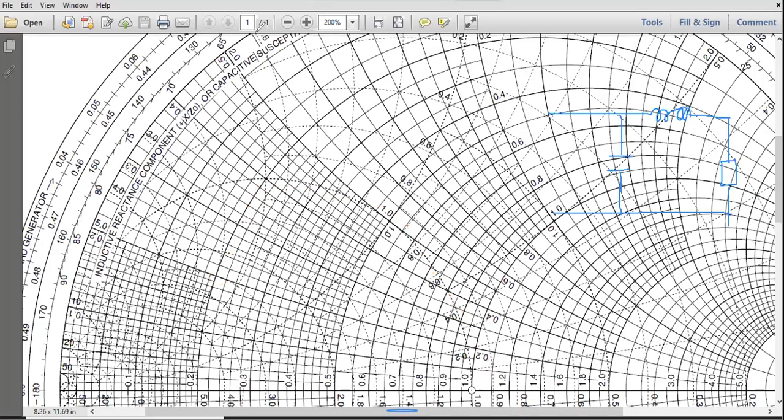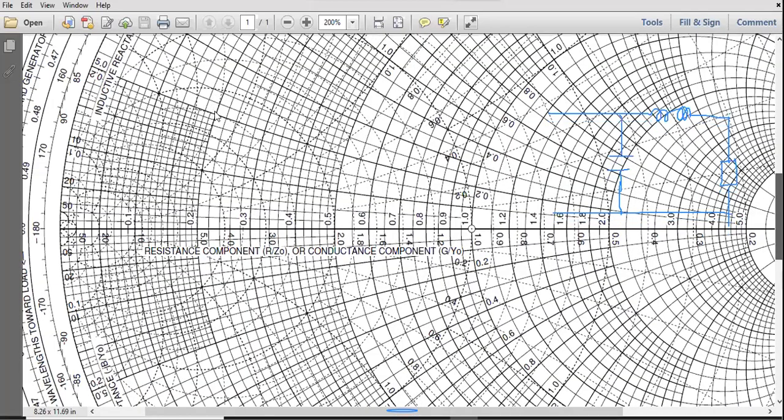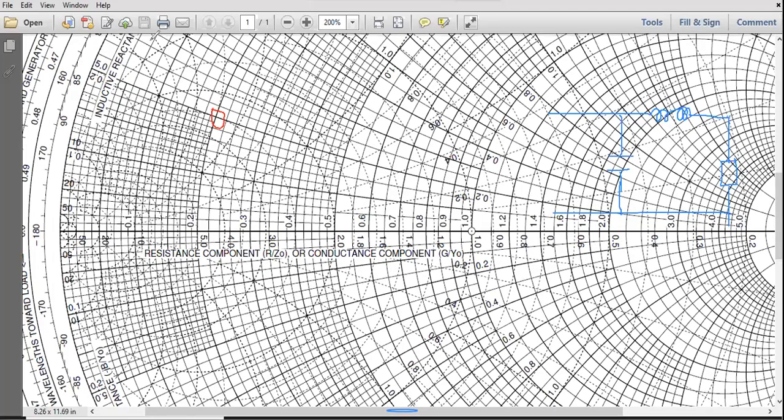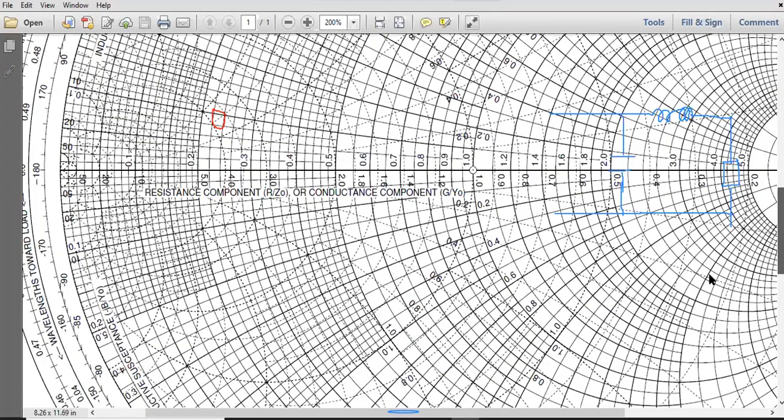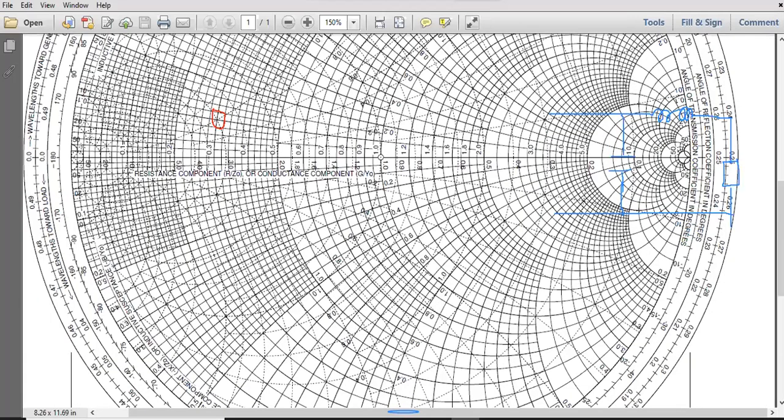So here it is 0.2, here will be your ZL. Now you go down. Again we have to come down. Wait, I have to minimize this Smith chart.